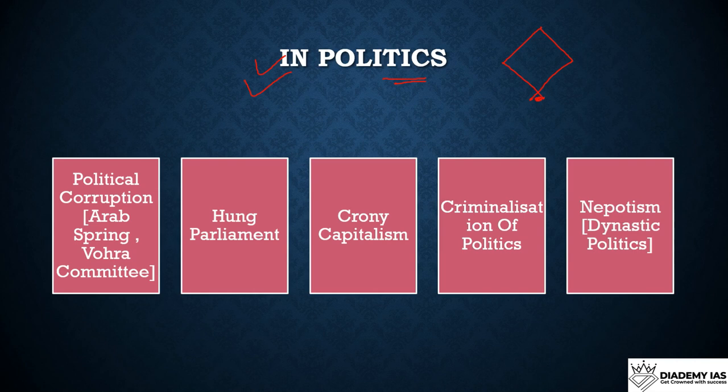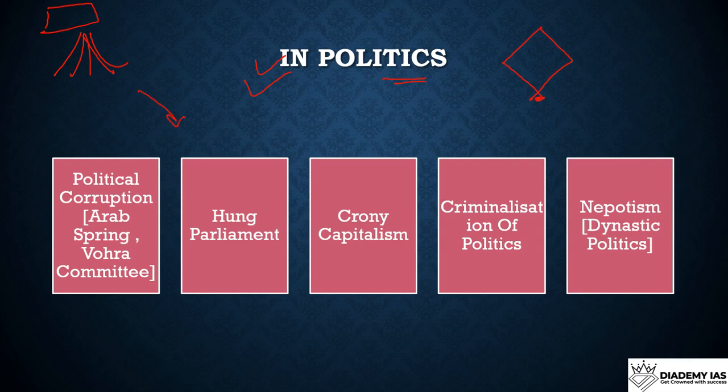So let's start with Gandhiji's example, that he said that politics without principles is a sin. It is one of his 7 sins. Right. So the Vohra Committee said that political corruption is the fountainhead of corruption in India. So basically every other corruption flows from political corruption, like black money in funding, hung parliament.